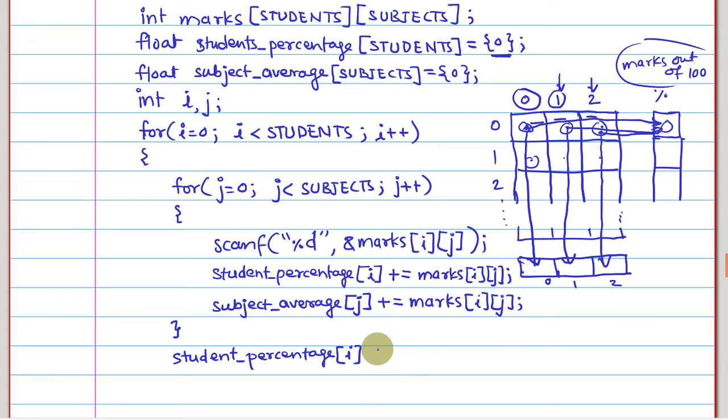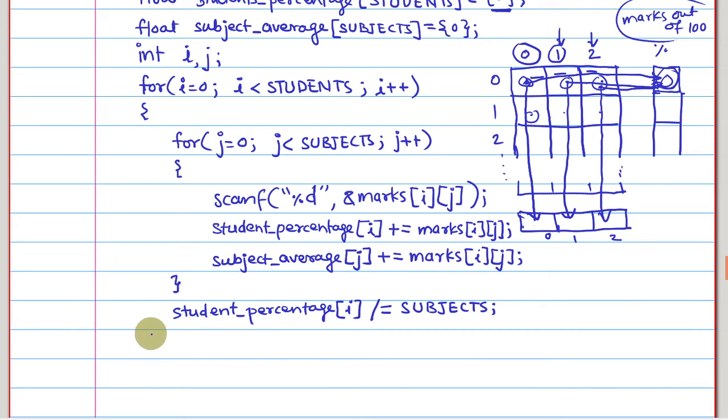So we can easily divide it by the number of subjects. I hope you understand this shorthand notation. This means student percentage I equal to student percentage I divided by subjects. So whatever value was present here, if we divide it by the number of subjects and store it back, we successfully have the percentage of that student, right?